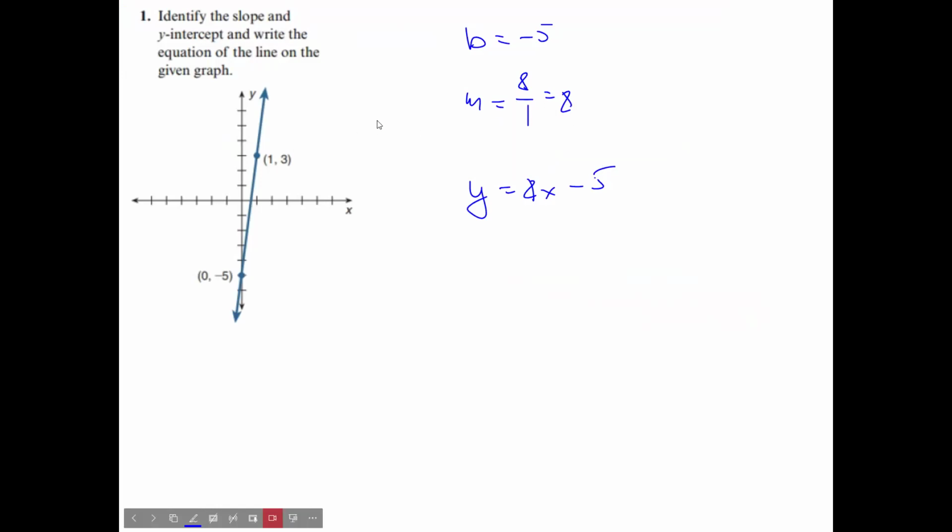Positive. B is the y coordinate of y-intercept. That's what we discussed last class.